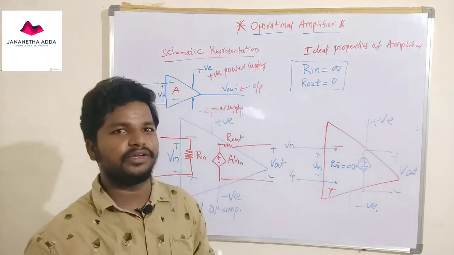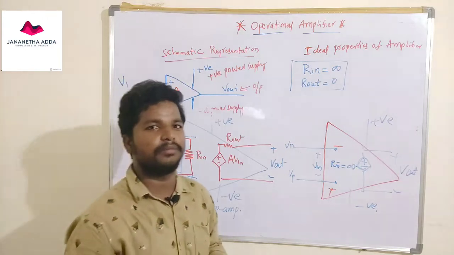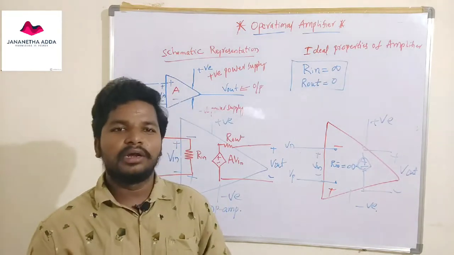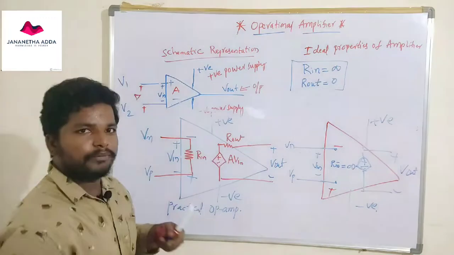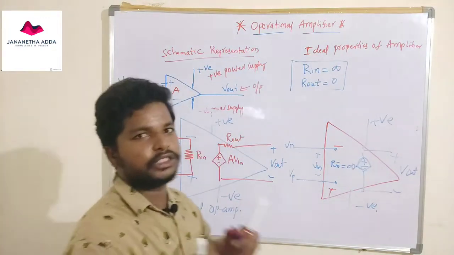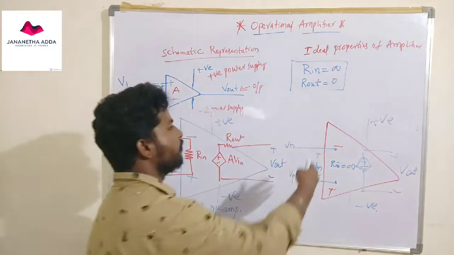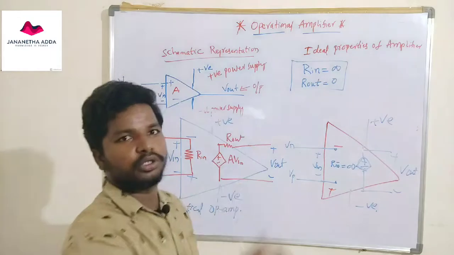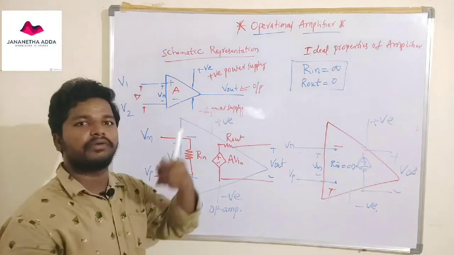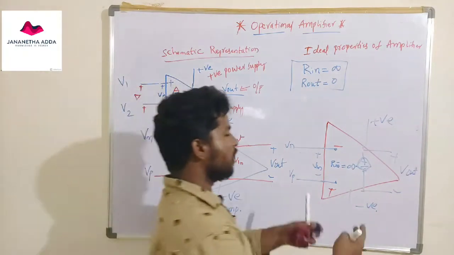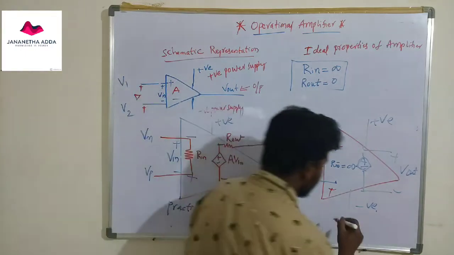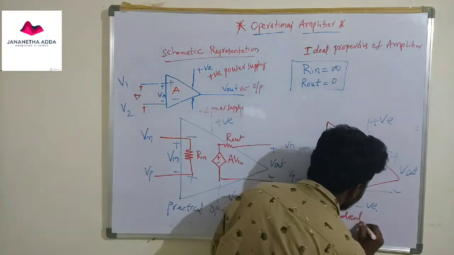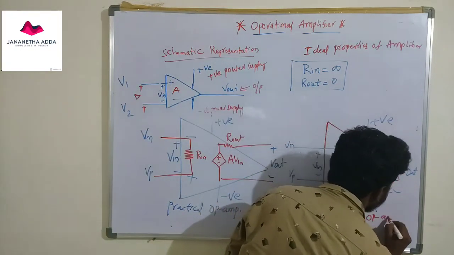According to the energy conservation theorem, energy cannot be destroyed or created, so to amplify the signal we need extra power. That power is supplied from these two power supplies, so that we get a better performance signal in AC form. This is the ideal representation of an ideal op amp.